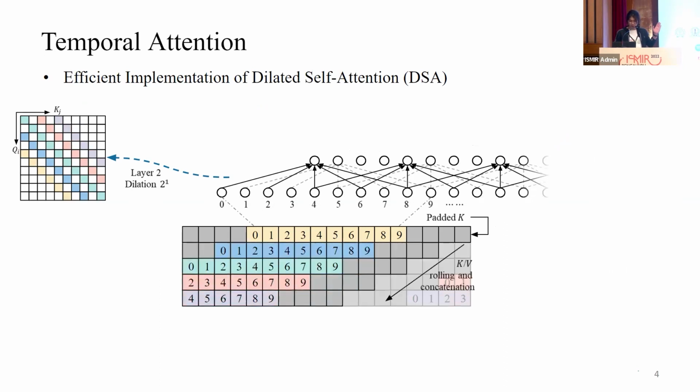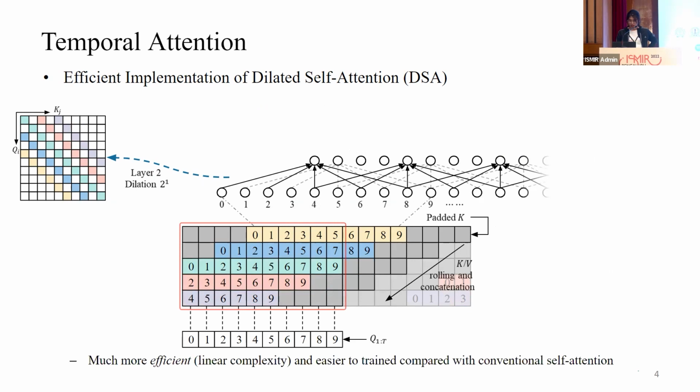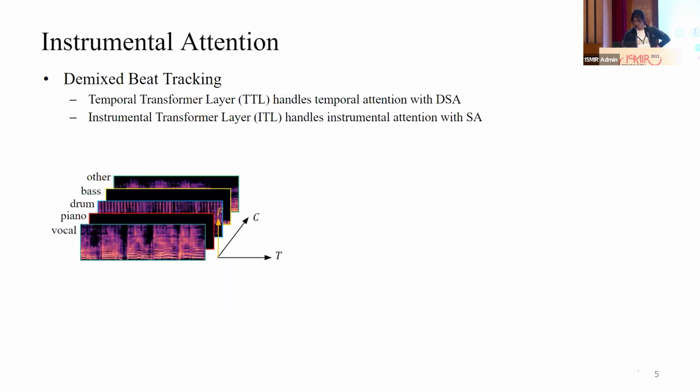This strategy helps us to calculate self-attention only between the positions which are attainable. Conceptually, this technique is similar to the skew operation in Music Transformer, and we only require linear complexity to compute DSA, which is a huge benefit to our model training.